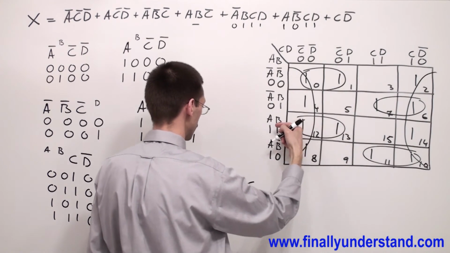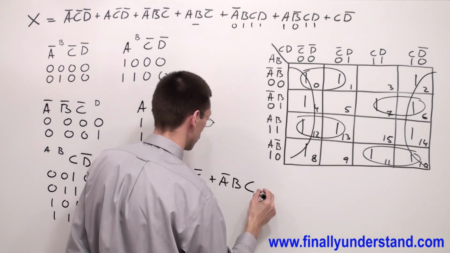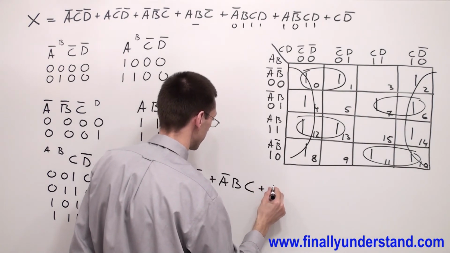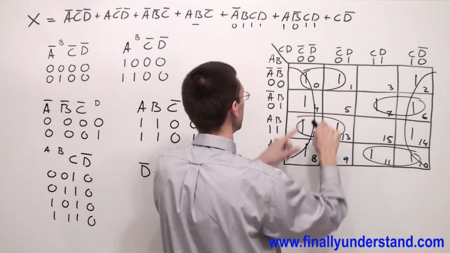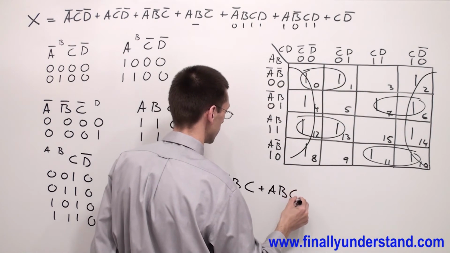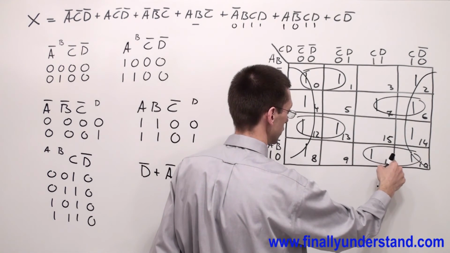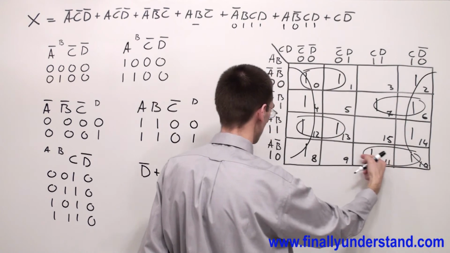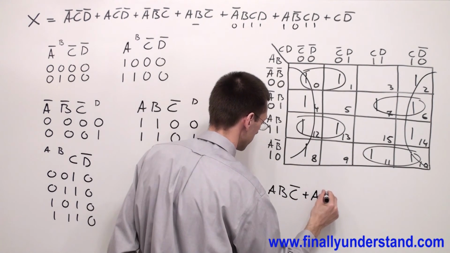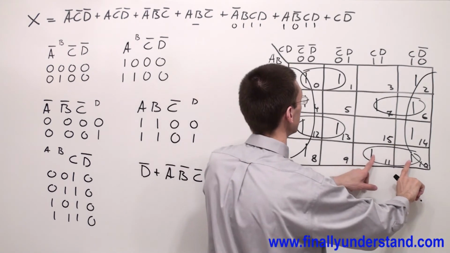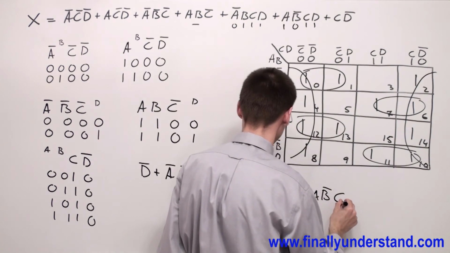The variables at the left side of the row we have A, B, and the common variable at the top of these 2 columns is C naught. I'm finished with this one. And I have another one. This group is placed in 1 row again. I copy down A, B naught, and at the top I have C.